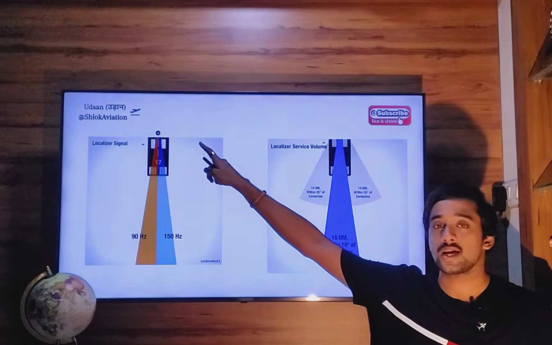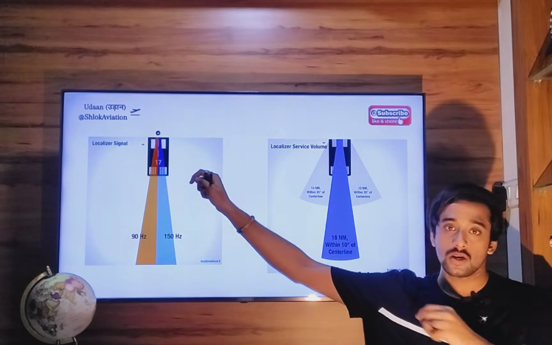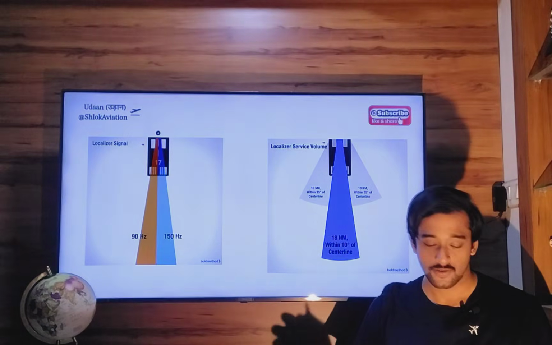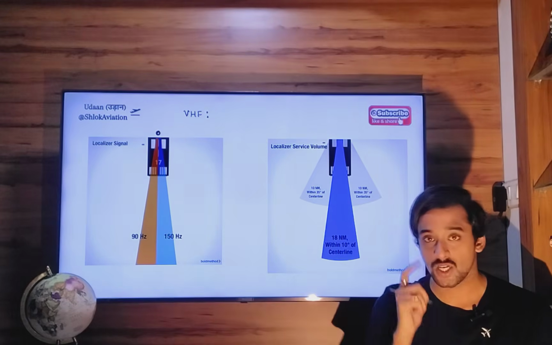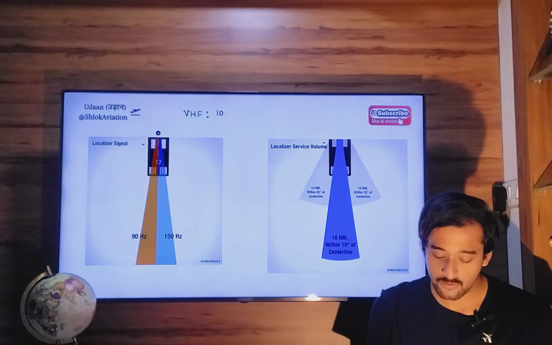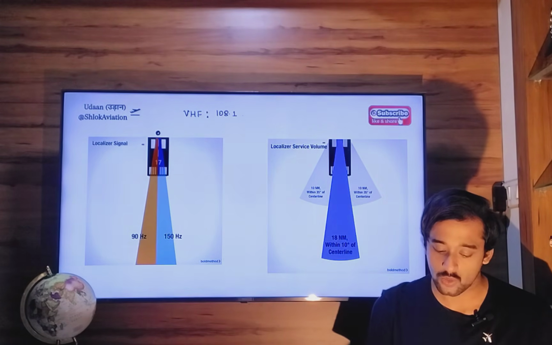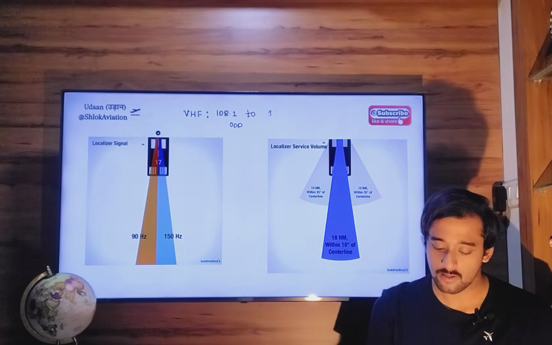Now that ILS localizer antenna will transmit two amplitude modulation signals. The ILS localizer operates in the VHF band, anywhere between frequencies starting from 108.1 odd decimal towards 111.95 odd.